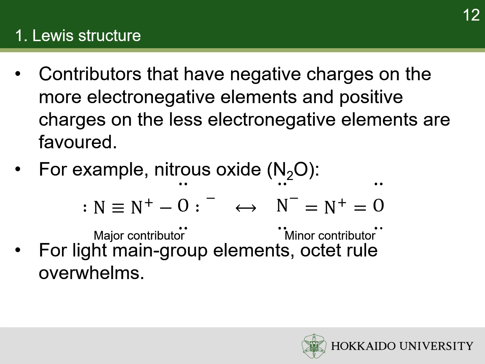For light elements, the octet rule overrides the formal charge rule. For example, 2 contributors of carbon monoxide are shown. In the first contributor, both atoms have octets, but the more electronegative oxygen has a positive formal charge while the less electronegative carbon has a negative formal charge.